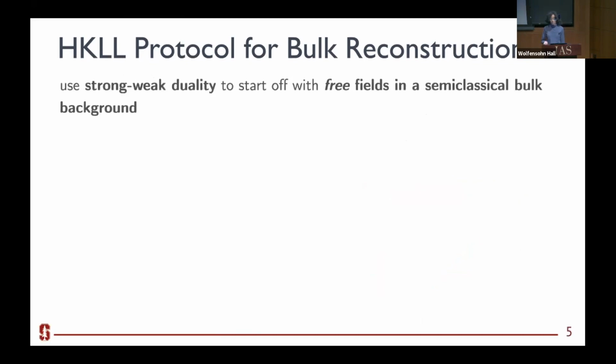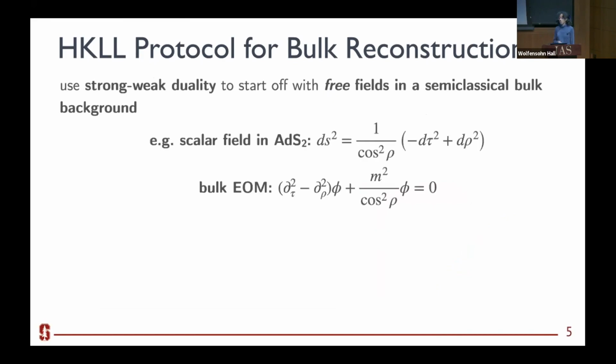So how do you actually conduct HKLL? You start off with free fields living in some semi-classical bulk geometry. In the context of AdS/CFT, you start off with free fields in AdS. As an example, if you're working in AdS2, with a metric as given here in global coordinates, you can retrieve the bulk equation of motion for a scalar field as given by this expression.